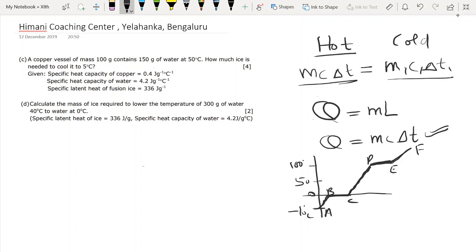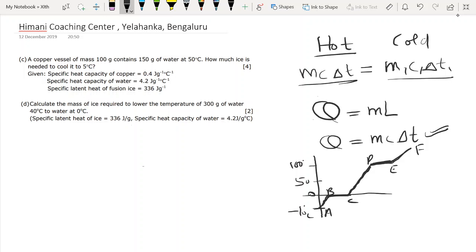Between BC and DE, Q is given by mL, where L is latent heat of fusion between B and C, while between D and E it would be latent heat of vaporization. These values are given in the questions to us.